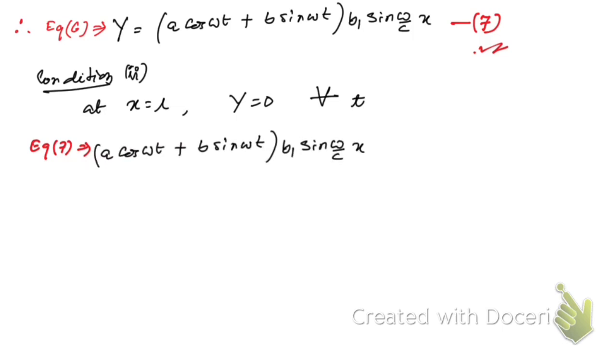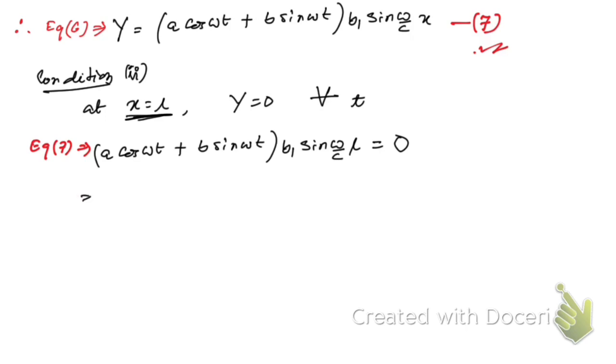So here you see, now let's put x is equal to 0 here, sine 0 is going to be 0, right? Sorry, not 0. Here we are going to put x is equal to L, because we are considering this condition, x is equal to L, so here we're going to put L, right? That's equal to 0 because y is equal to 0 here. So instead of y, we're going to put 0, right?